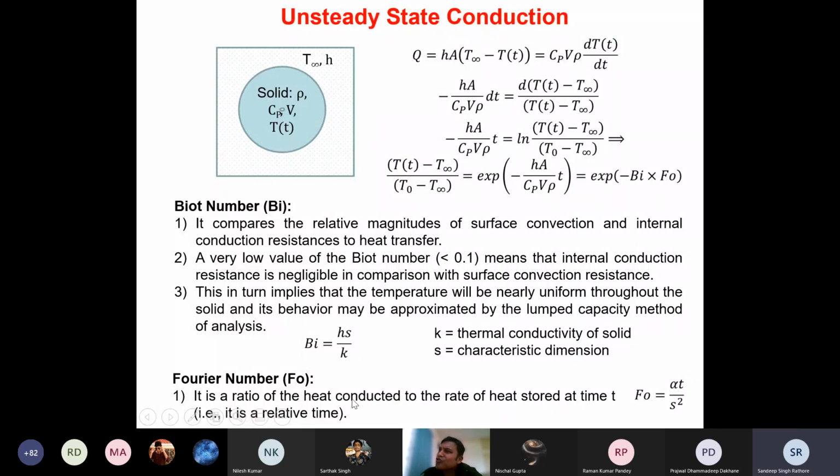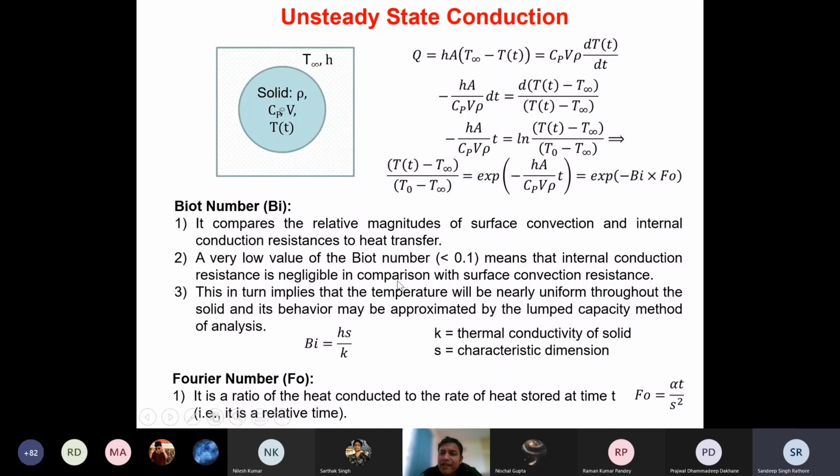So this is nothing but the ratio of conduction resistance to convection resistance. Okay, so in a way what you are looking at is the rate of heat transfer by convection divided by the rate of heat transfer by conduction.